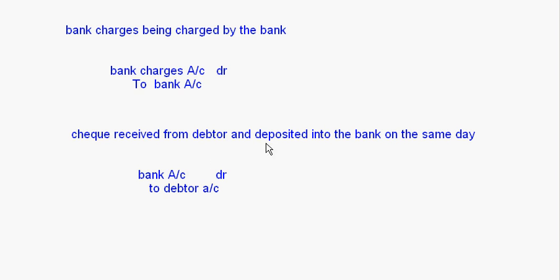Normally, if nothing is given in the question as to when it is deposited, we generally assume that it is deposited on the same day. Bank account to debtor account is the entry when check is received and deposited. When the check is dishonored, you just make a reverse entry of that. You write debtor account debit to bank account. Okay.